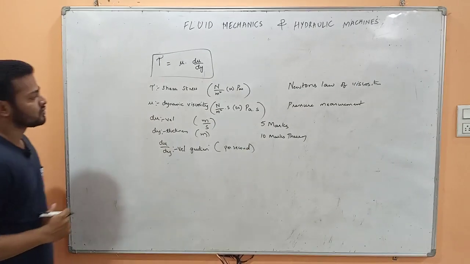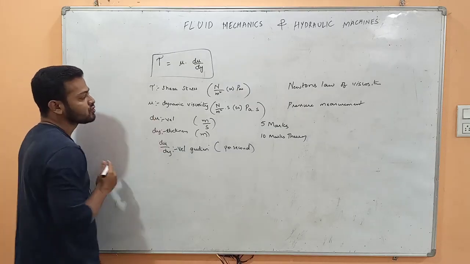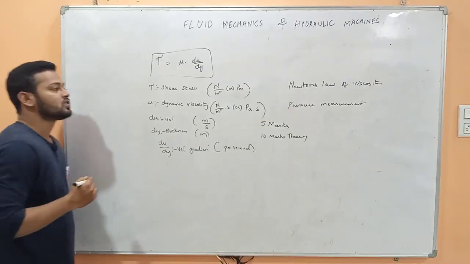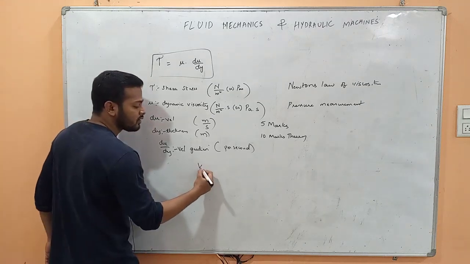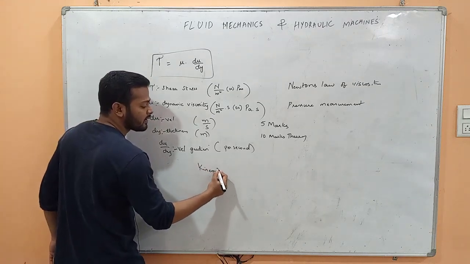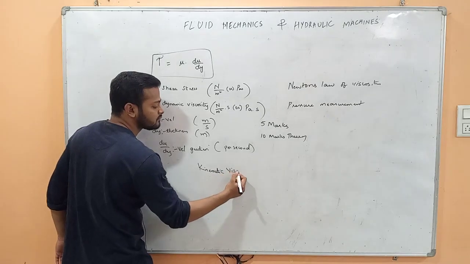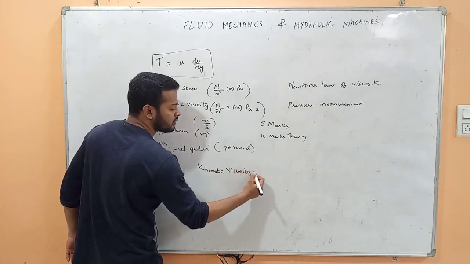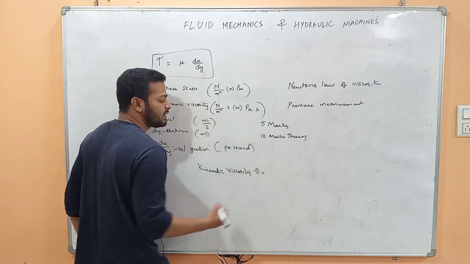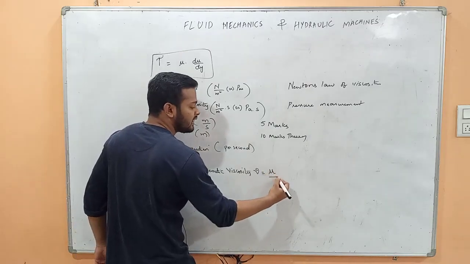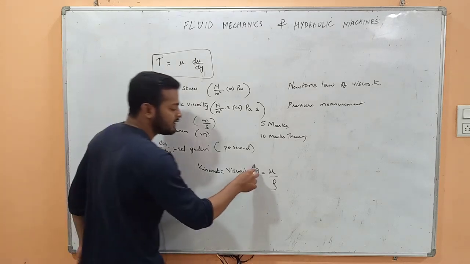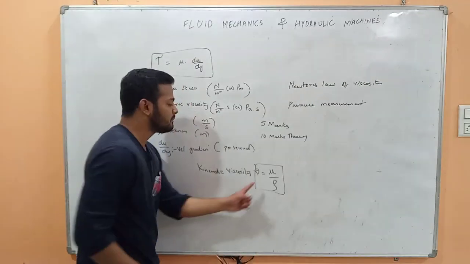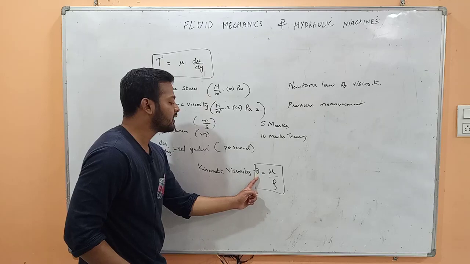So sometimes in order to confuse you, he will also give you kinematic viscosity. Like I taught in the previous class, kinematic viscosity is denoted by nu, and it is the ratio of dynamic viscosity and density. So whenever kinematic viscosity is given, you should know the relation between mu and kinematic viscosity.